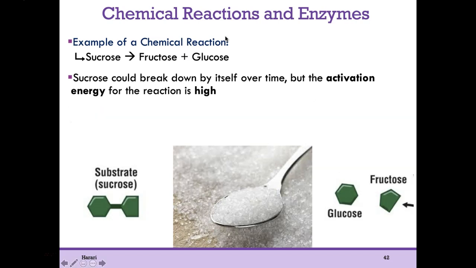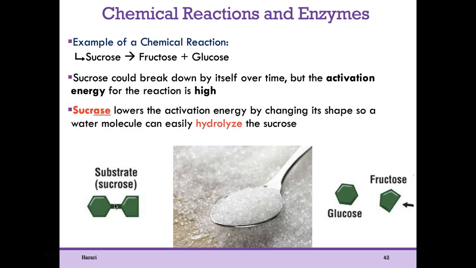So water will have to come right over here to this bond in order to break sucrose into glucose and fructose. That is going to take a lot of energy, right? So what is the likelihood of a water molecule coming just here at the perfect place at the perfect time to break down this bond? Right? A lot of activation energy required. It might happen, it will happen over time, but it's not going to happen very easily.